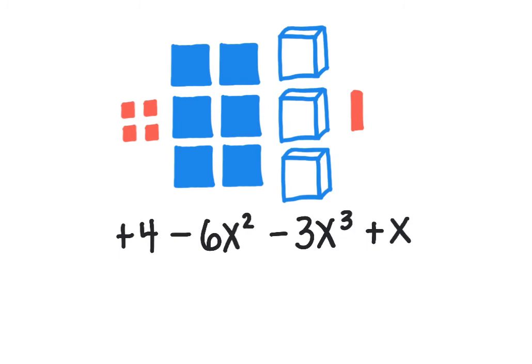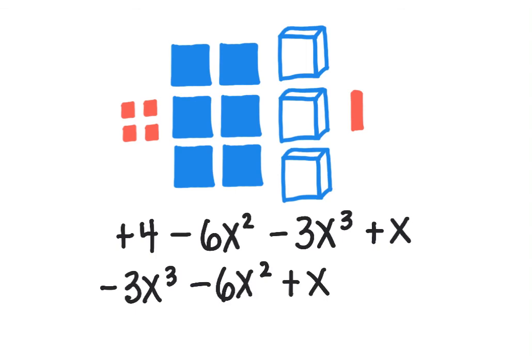When we list our expressions, we list them in order of the biggest type of tile, or the biggest exponent, to the smallest type of tile, or the smallest exponent. So as we rearrange this expression, we would list it as negative 3x cubed minus 6x squared plus x plus 4. And we'll just put an equal sign out front to show that each of those expressions are equivalent.